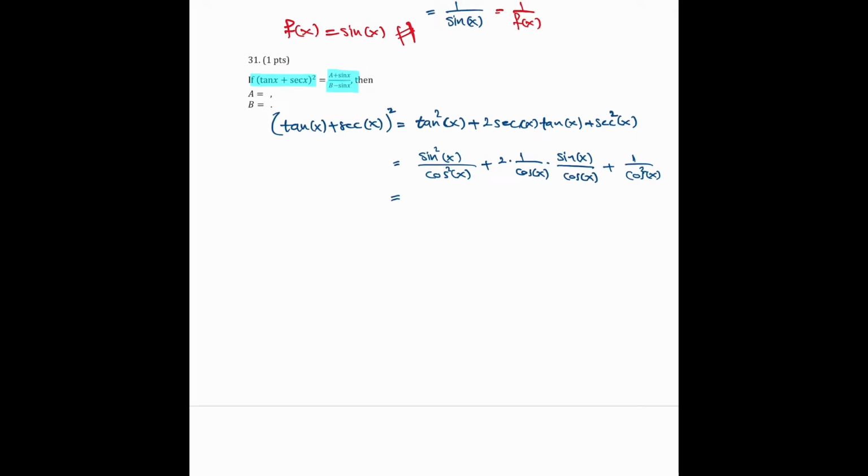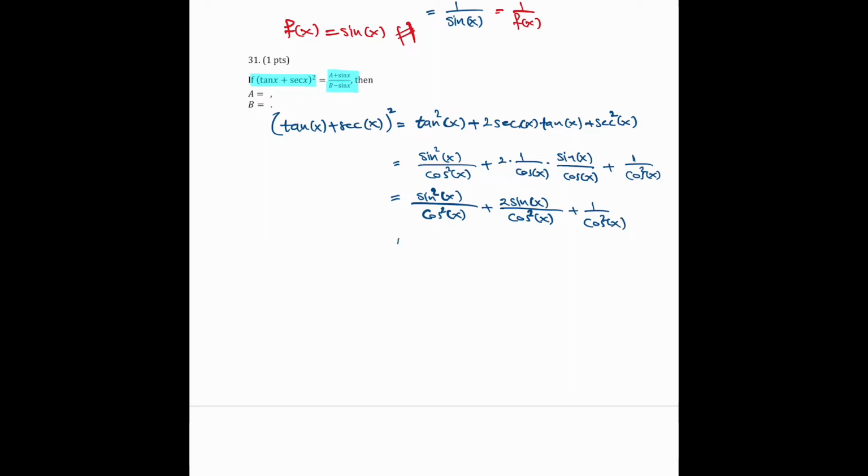Now, this can be written as sine squared x over cosine squared x plus 2 sine x over cosine times cosine is cosine squared x, plus 1 over cosine squared x.